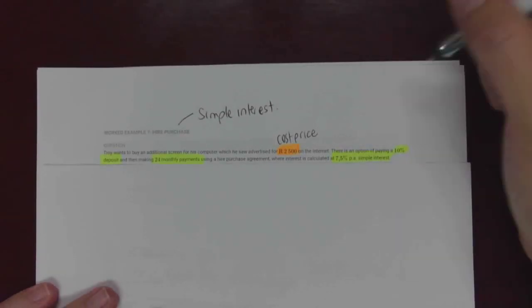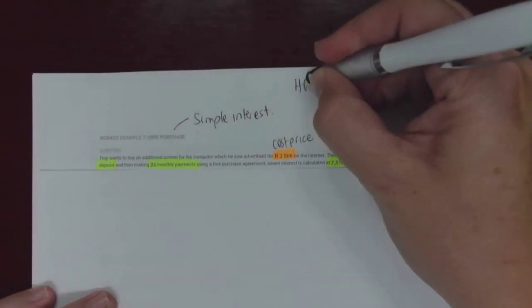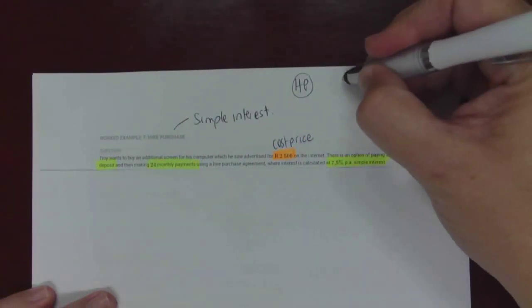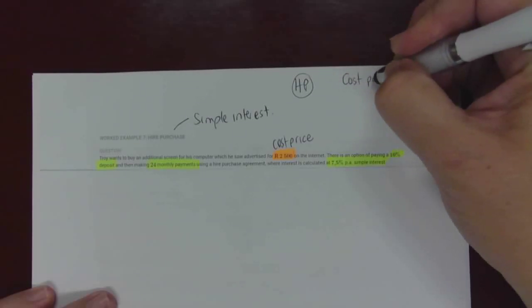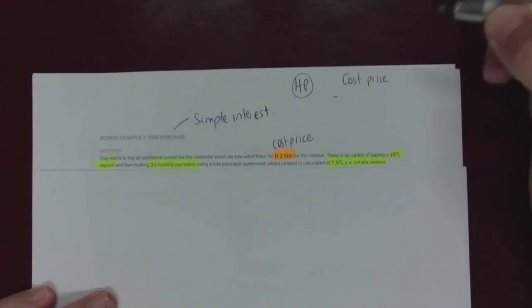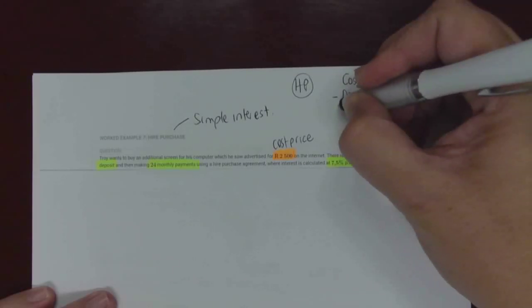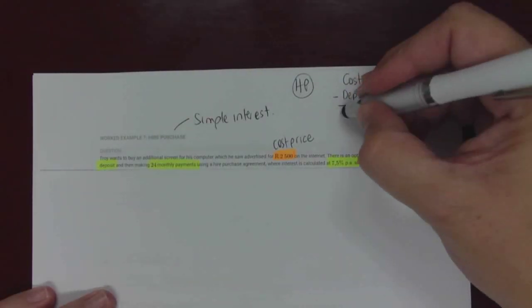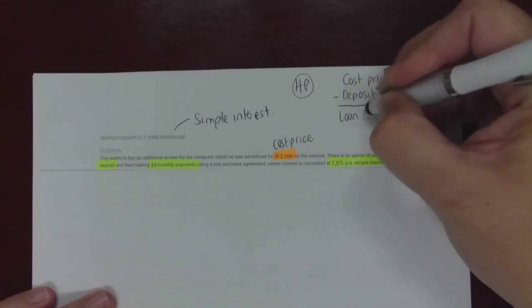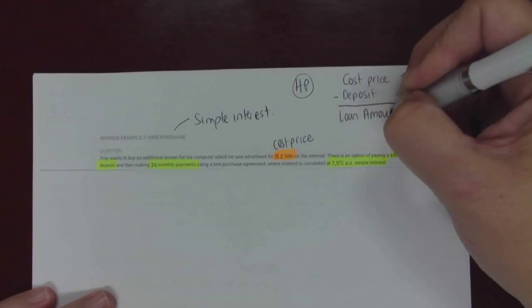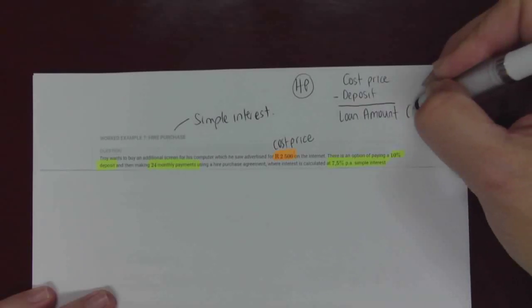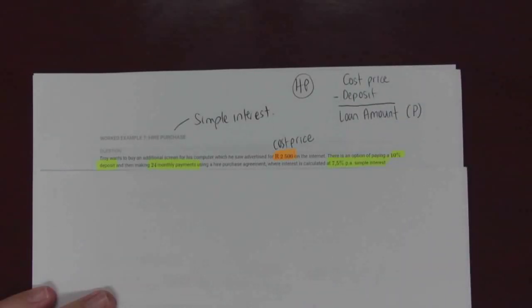Now thinking about grade 10, whenever we did HP agreements, I had to have a cost price. I had a deposit. When I subtracted the deposit from the cost price, I ended up with the loan amount. And that loan amount is my P value.